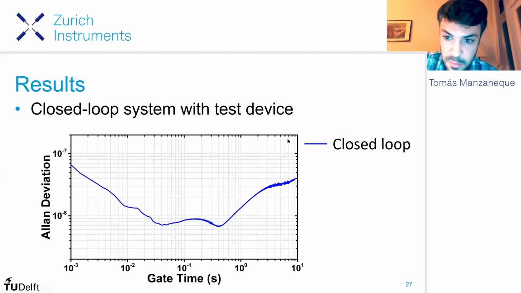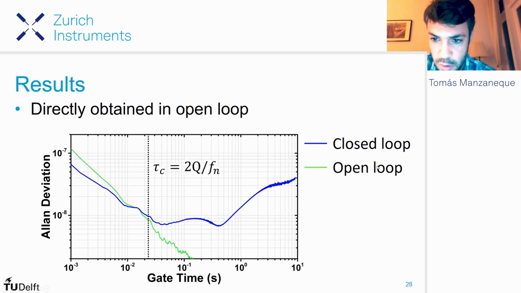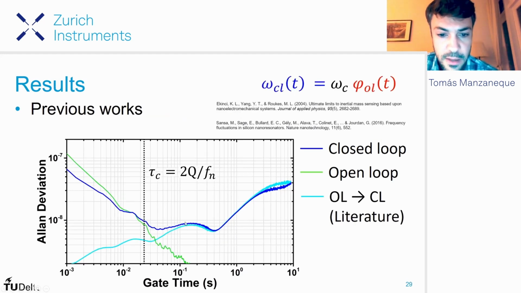And as I said before, if we do the same measurement just in open loop, we will see that the result is quite different. It's worth noting that in the literature, we can find a previous method in which they convert the open loop phase measurements into closed loop by just a proportional relation.